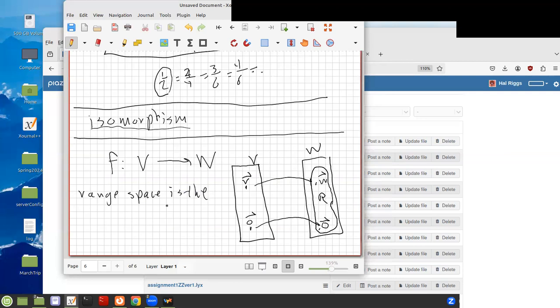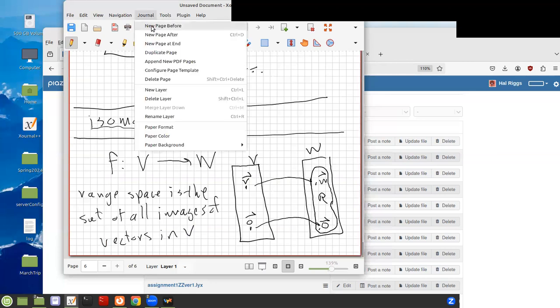It is the set of all images of vectors in V. Now the range space could be large or small.